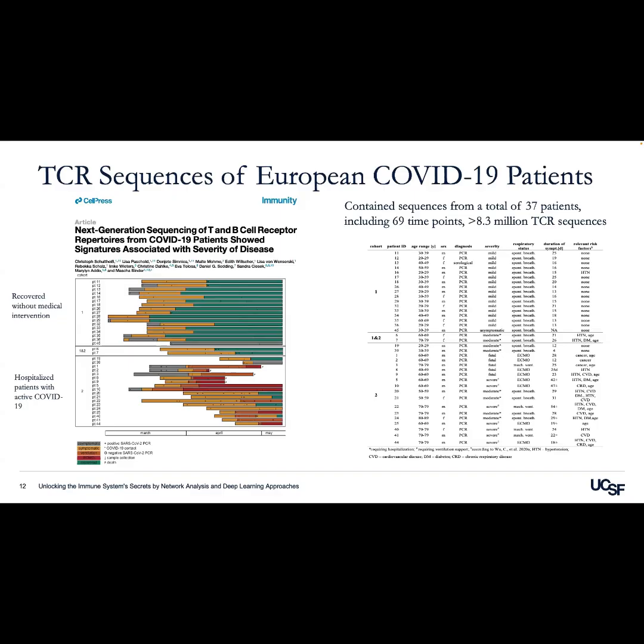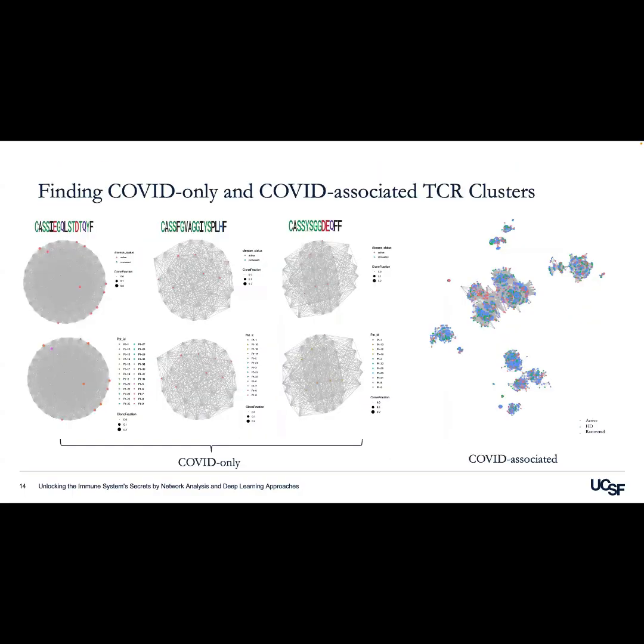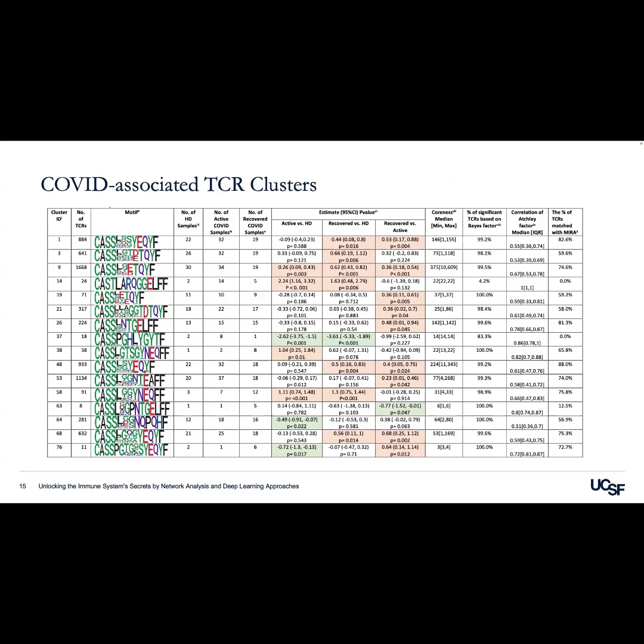Think about it: your immune system reacts differently when you have symptoms versus when you have recovered, right? So when we do the analysis, sorry, I didn't say that very clearly. If you see here, we compare active samples versus healthy donor, recovered samples versus healthy donor, and recovered versus active samples.